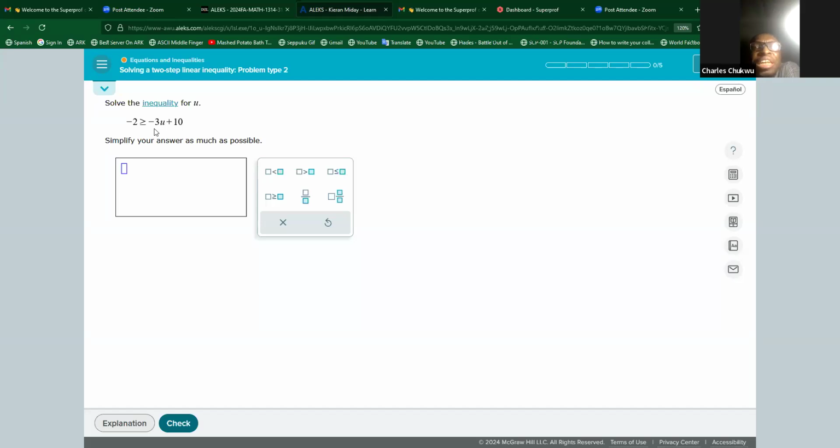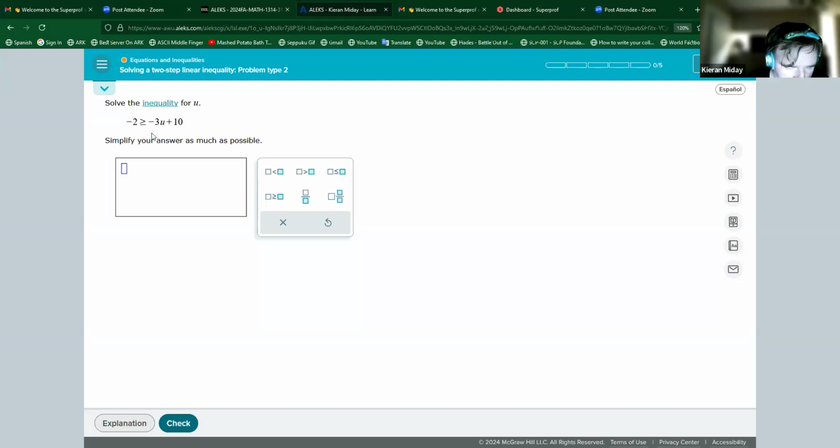Did you notice when you were taking out the -2, you took it out from the side that had the variable, right? Good. So in this case, we would not be taking -2 for this one. We'll be taking out 10 because it's on the side where the variable is. Did you get that?